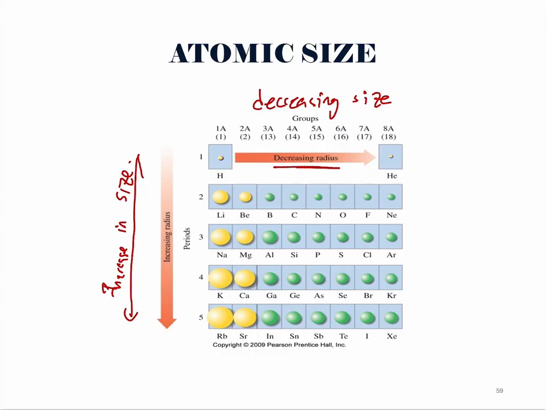As we go across a period, what can you say about the number of protons? If we go from left to right, what happens to the atomic number within a period? They increase, which means we're gaining what as we go across? Mass, in the form of neutrons and protons.